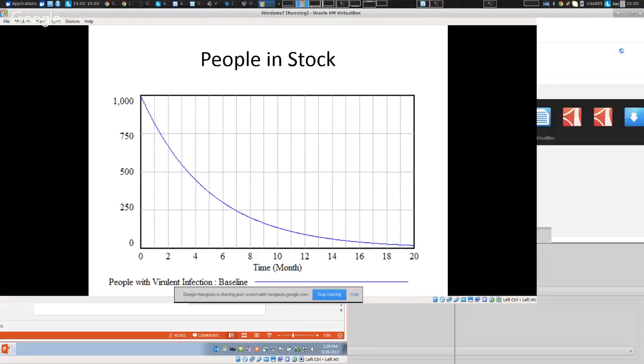Let me phrase it more clearly. If I'm just at the stock at the beginning, what's my chance of dying in the next month? It's some number, right? If I've been there 10 months, if I'm still there in the stock, what's my chance of dying in the next month? Same number. If I've been there 100 months, what's my chance of dying in the next month?